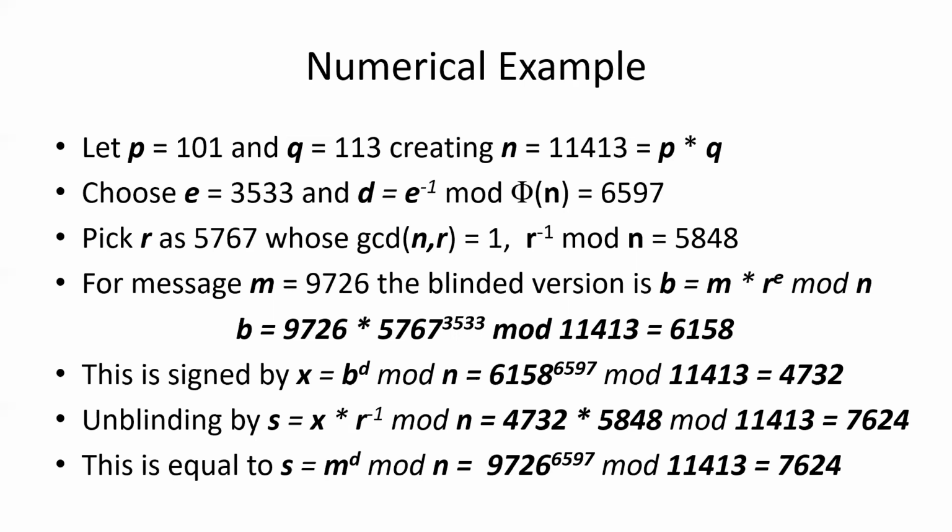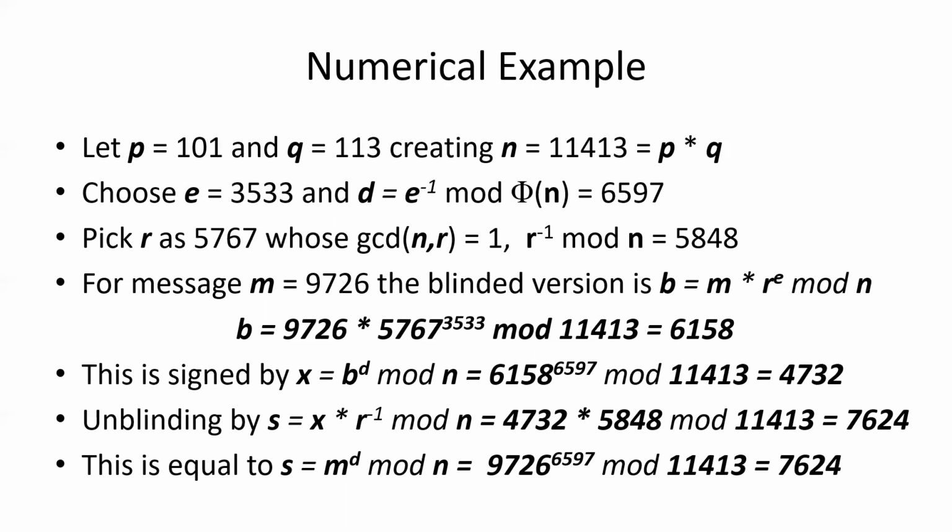Now I pick a random number, 5767, and there are no numbers that divide both 5767 and 11413. Yeah, you end up with big numbers because we're working with big numbers, not too big. And then you take the inverse of this.